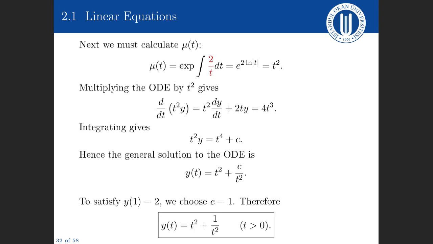We want to satisfy y(1) = 2. To make this true, we need to choose c equal to 1. So the solution is y = t² + 1/t². And this is only true if t is a positive number, because, of course, 1 divided by t² goes wrong if we're dividing by 0.